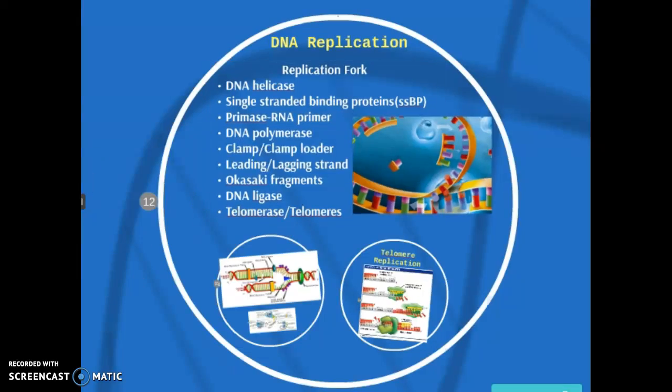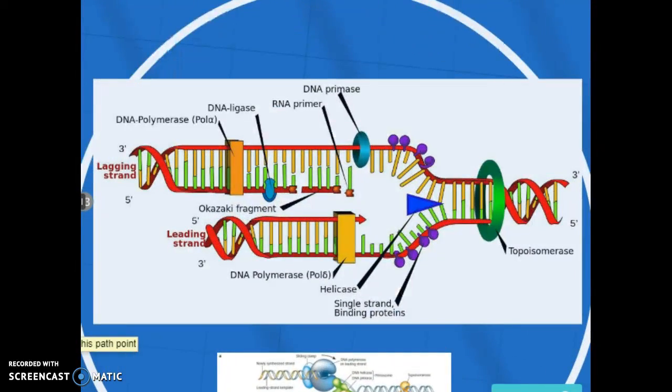If you look here, you can see the different components I have talked about. You can see DNA polymerase moving down this 5', this is the leading strand, so you can see DNA polymerase moving down the 5' to 3' strand.